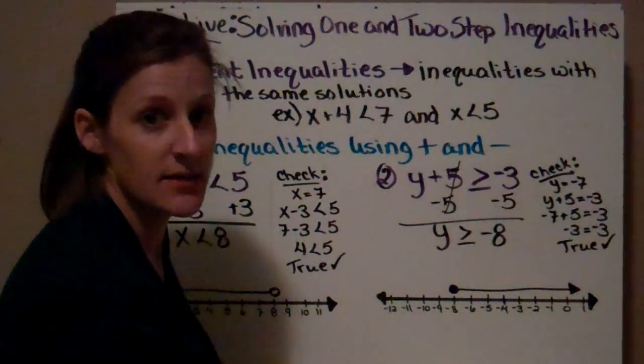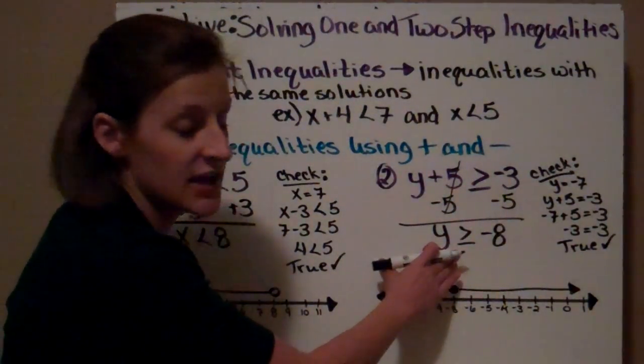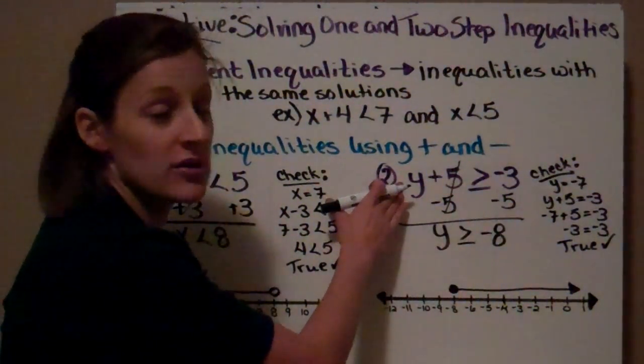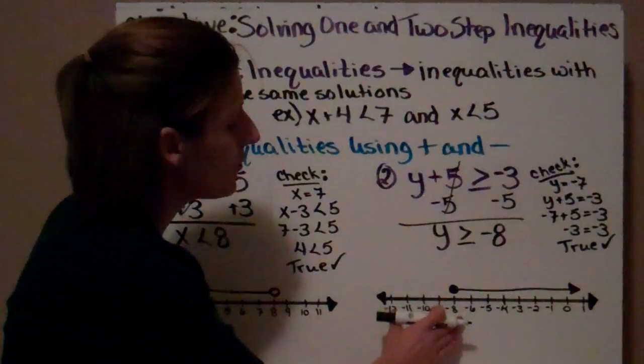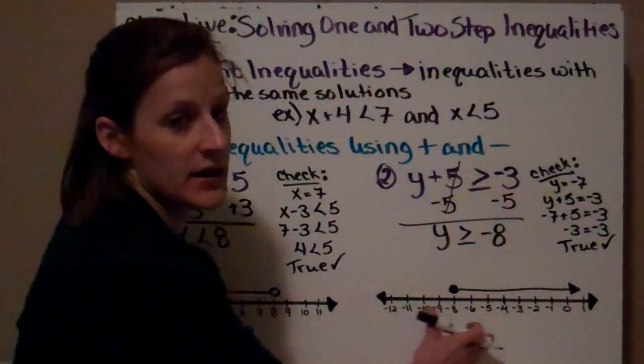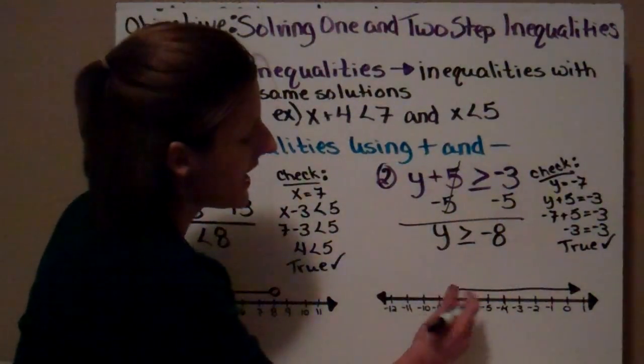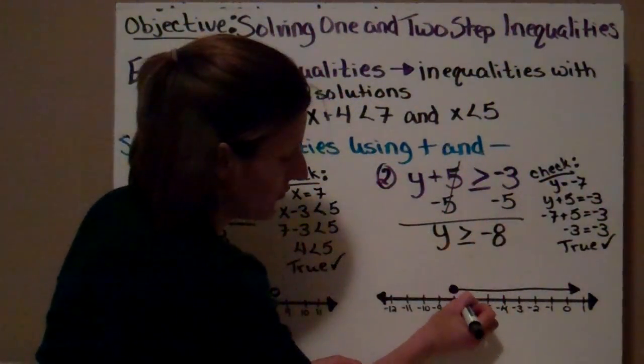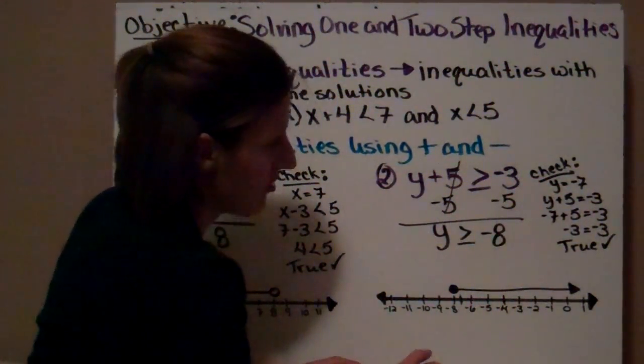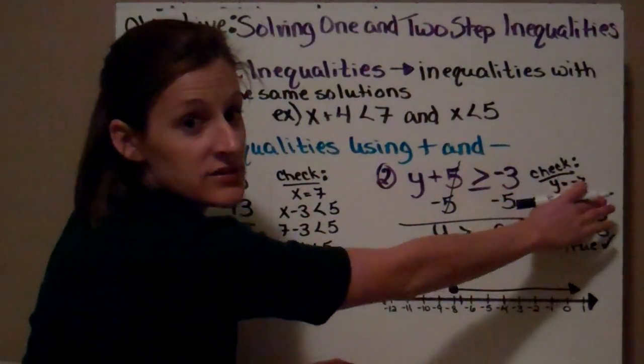Now, when I'm checking my work to see if this inequality and this inequality are equivalent, what I need to do is pick a number on my number line that is in the solution that I found. So I'm going to pick negative 7 for y, which falls right there. So I'm going to set y equal to negative 7.